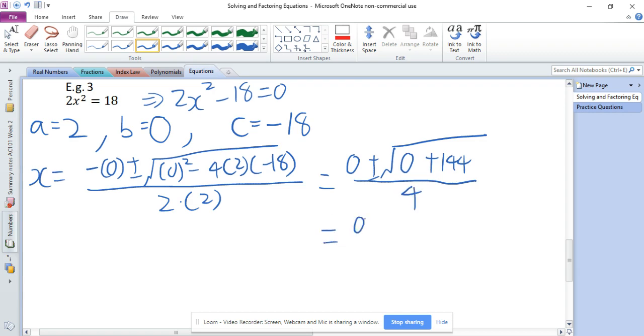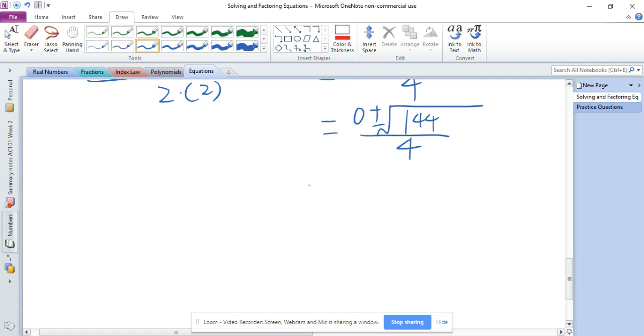In other words, 0 plus 144 is 144. What is that? The square root of 144 is 12.